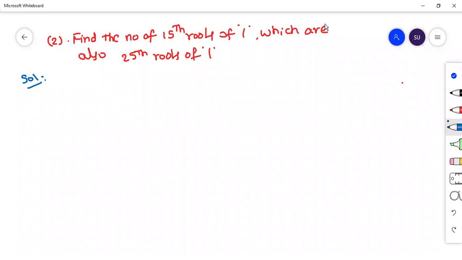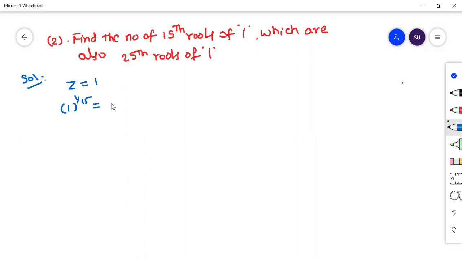Find the number of 15th roots of 1 which are also 25th roots of 1. So here let us consider z is equal to 1. 15th roots of 1 means z equals 1 power 1 by 15.